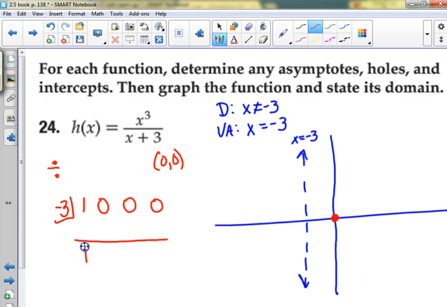All right, bring down. Multiply is -3, add is -3, but multiply is 9, add is 9, multiply is -27, and we don't care. So, yes. What is the end behavior looking like?